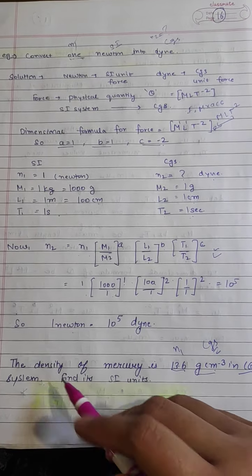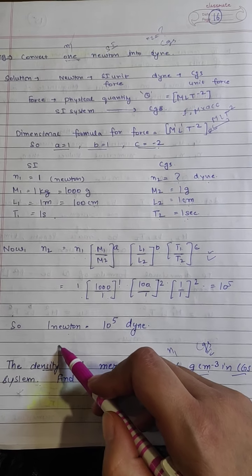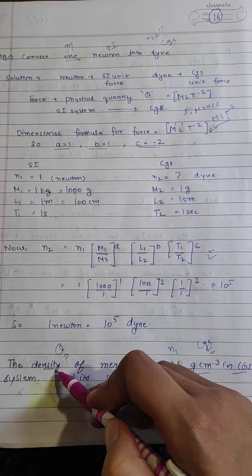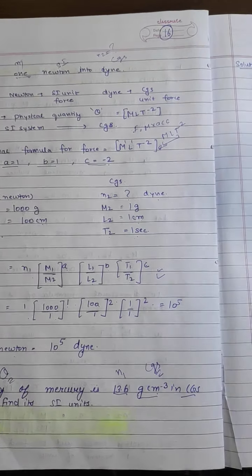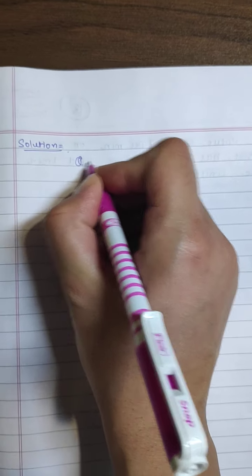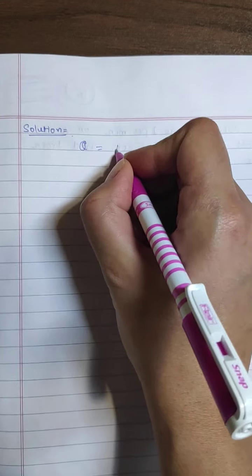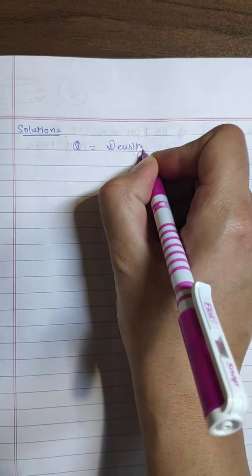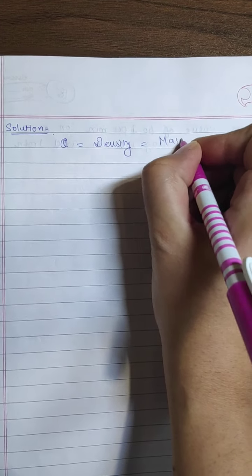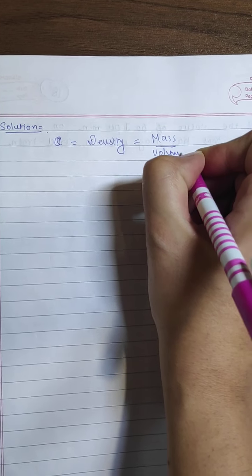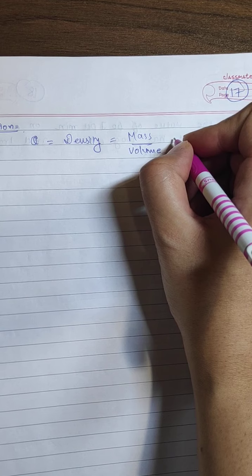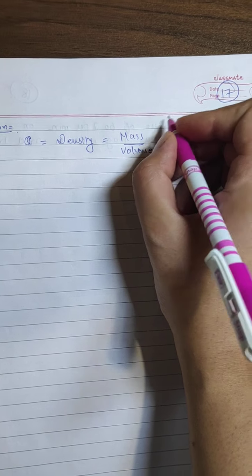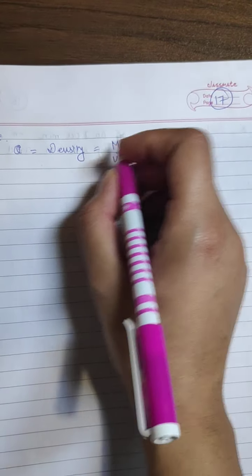For that, what is our physical quantity? That is density. So it means Q is density. So let's do the solution. Firstly, what is my physical quantity? That is Q, that is density. The formula is mass per unit volume. I have given a chart in which various physical quantities are written. In a similar way, I am deriving density.